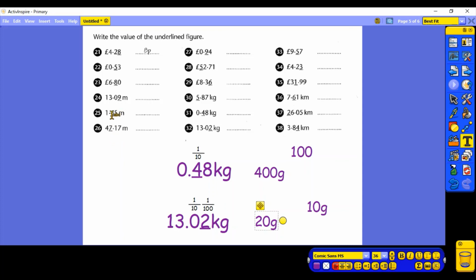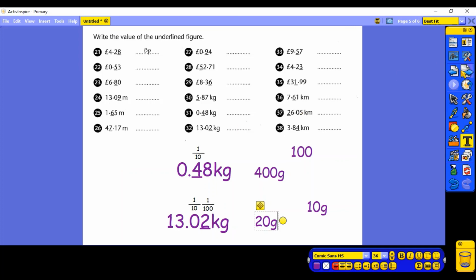So the first decimal place there is the 100 divided by 10, which is 10. So actually the first decimal place on number 25 here, the 6, that column is worth 10 centimeters, each one of those. So it is different for each unit, which is why it's confusing and why it's really hard.